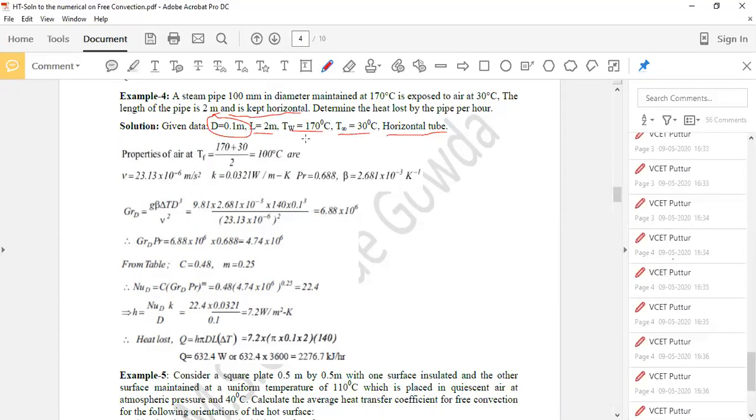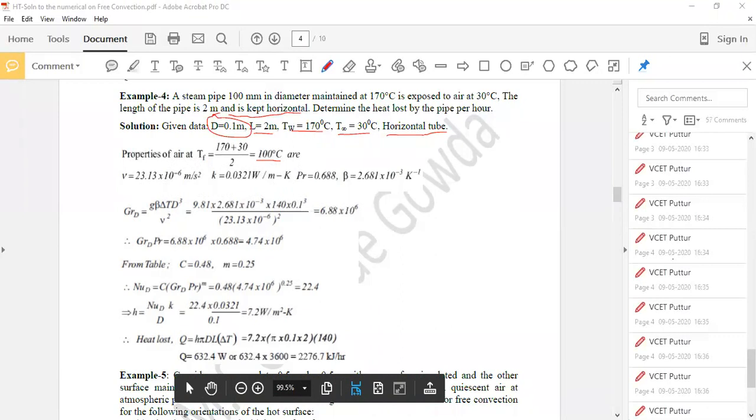Again the same procedure. Find the mean film temperature, 100 degrees centigrade, and read all the properties of air at 100 degrees centigrade.